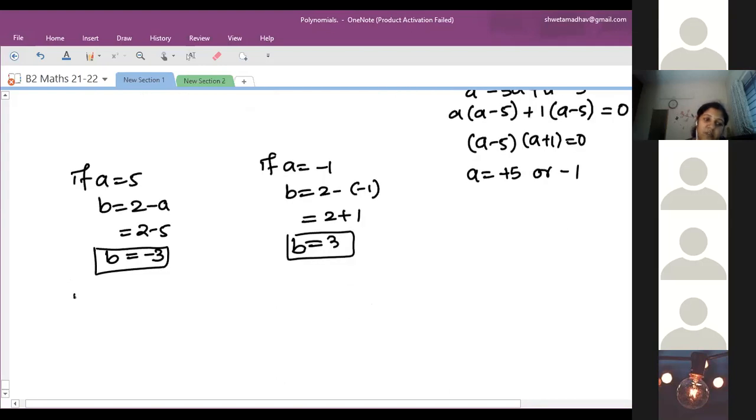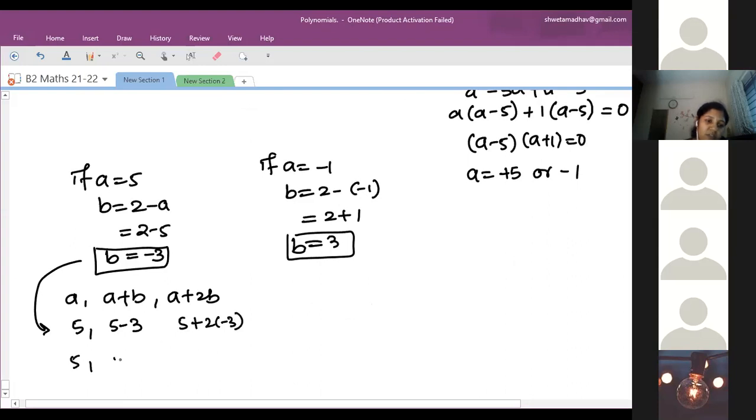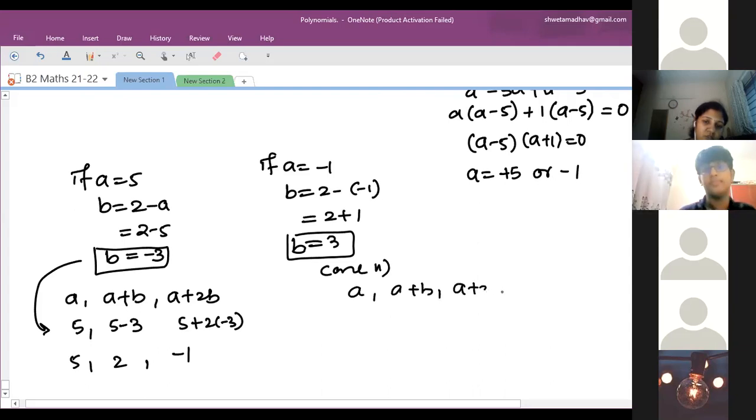What are your alpha, beta, gamma? A, A plus B, and A plus 2B. By the first case, A is 5, A plus B is 5 minus 3, and 5 plus 2 into minus 3. So 5, 2 and minus 1. And in case 2, the zeros are A, A plus B and A plus 2B.